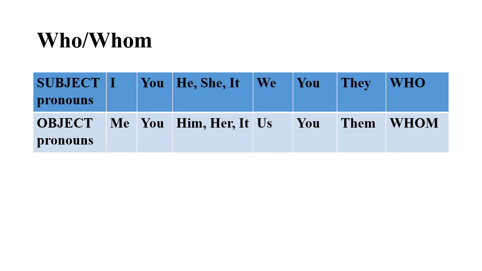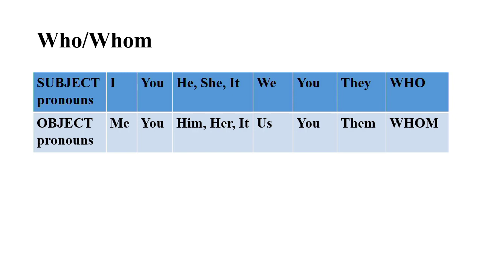At the bottom, in pale blue, you see object pronouns. Now, you know from your maybe grade 7 or 8 class or before that every sentence that has an object puts the object after the verb or after the preposition. So that's where our object pronouns would come.